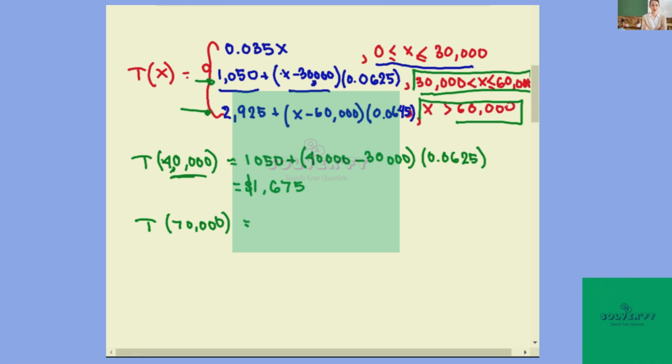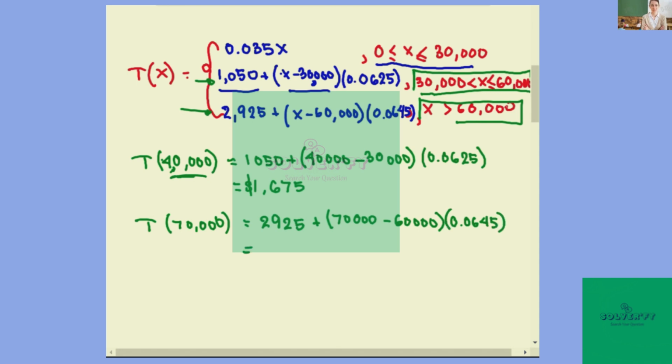So this would be 2,925 plus 70,000 minus 60,000, so that we get how much is in excess of 60,000, and get only 6.45% of that.